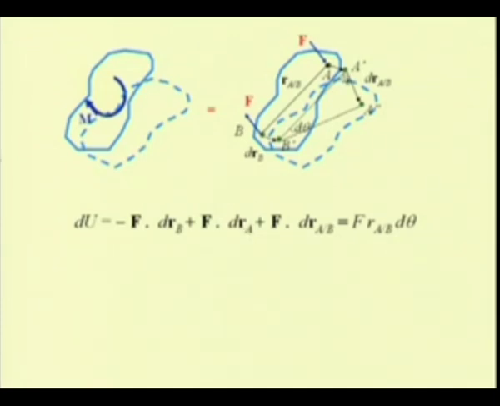And now, this point A prime is moved to the new position A double prime. So, some work is done by the force again to move the particle from A prime to A double prime, and that is given by the same force F acting here.